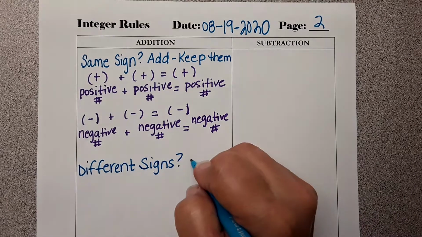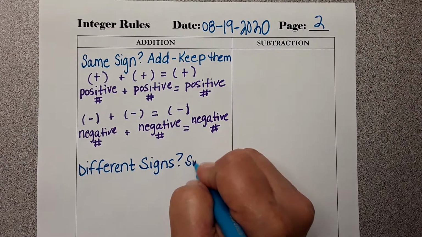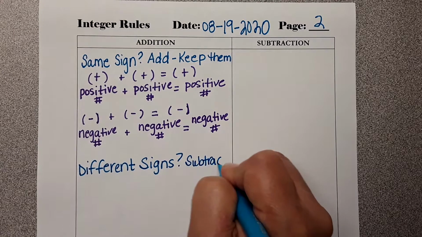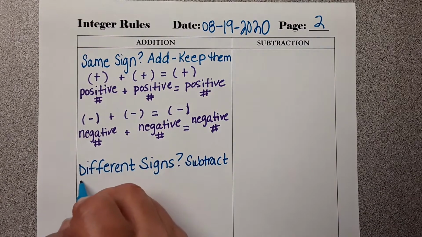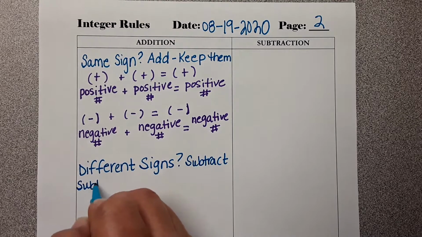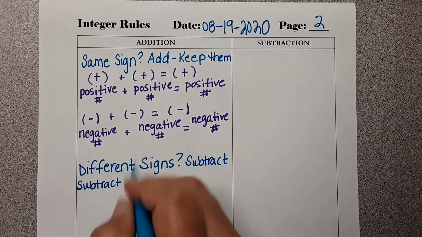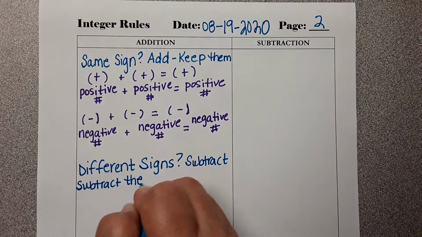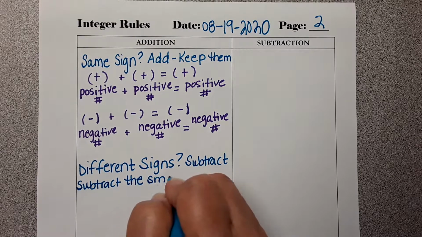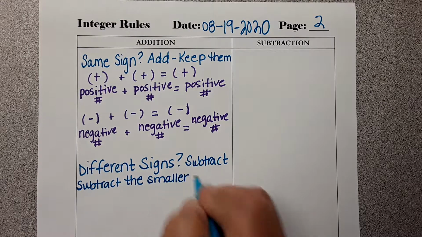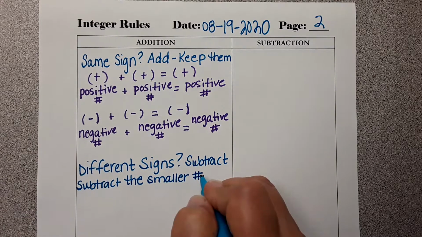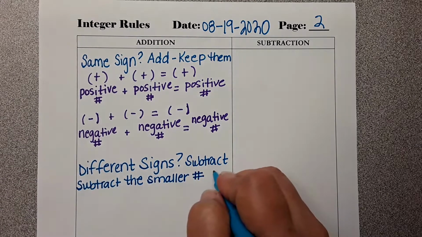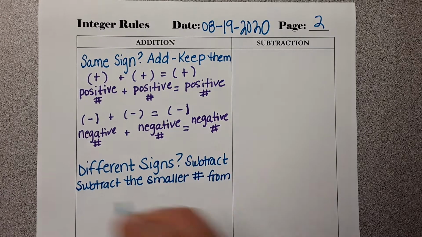Well, you're going to subtract, okay? And you guys, you're going to subtract like you normally subtract. So you would subtract the smaller number from the larger number.